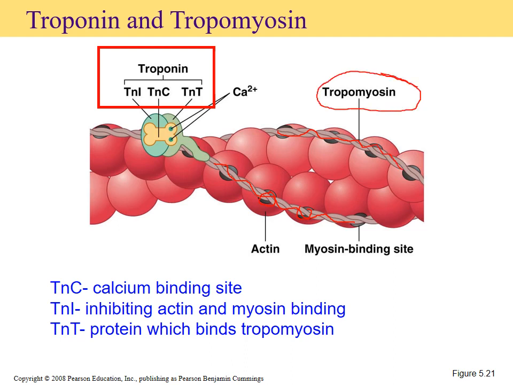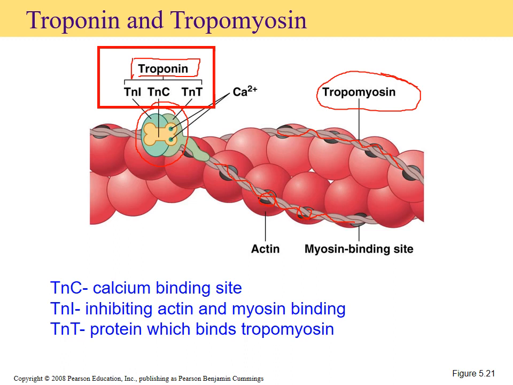Tropomyosin is covering the binding sites on the actin, and the way we're going to be able to move tropomyosin off those binding sites is by this globular structure that you see right here, and this is troponin. So as you can see, it's a complex, troponin and tropomyosin. They work together. Troponin is the one that will be able to move tropomyosin, thereby exposing the active sites on actin.